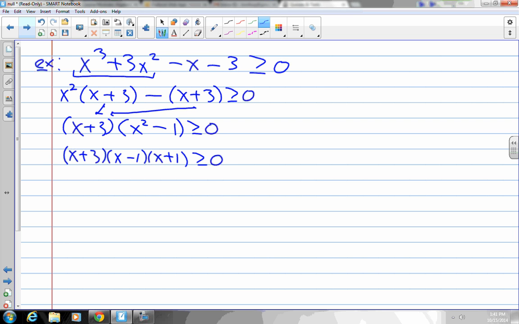So we see all the zeros of this polynomial. We see all the critical numbers: x equals negative 3, x is plus or minus 1. These are the 3 critical numbers.